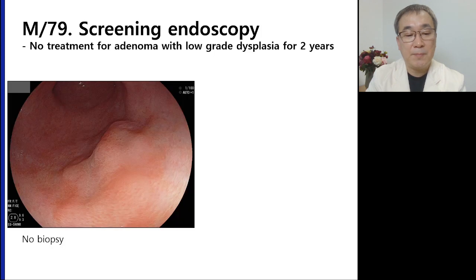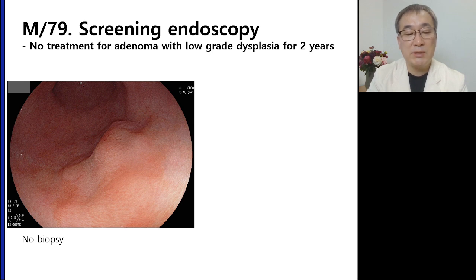Due to time limitation, I will move into case discussions. The first case is EGC 2A. A 79-year-old male patient was referred for the further evaluation of gastric neoplastic lesion detected in the screening endoscopy.